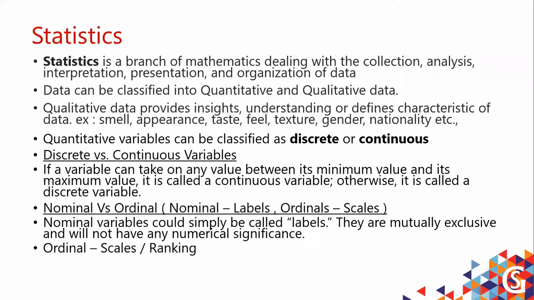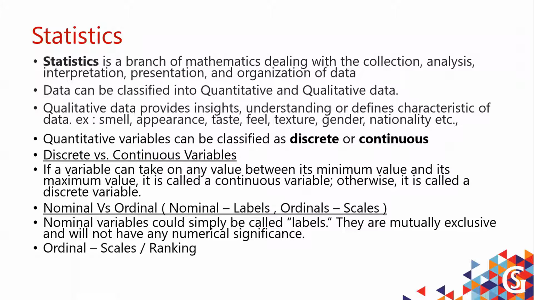So these nominal variables can only be labels for any particular object. It can be a dog. I just label a dog as a dog. It doesn't come first, second, third, but still it's a label that I have put for any particular animal or object.